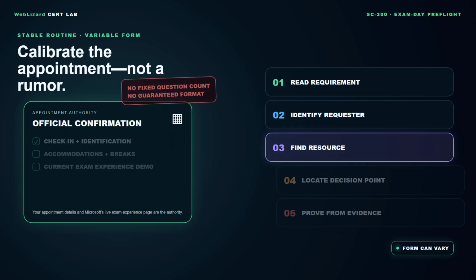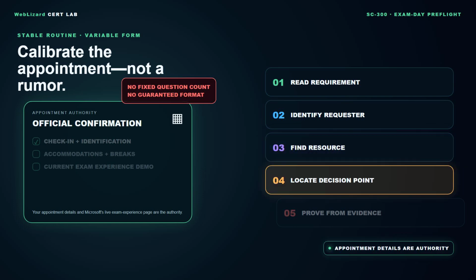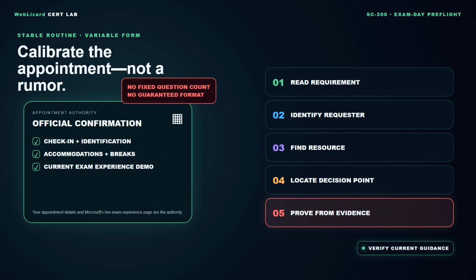Microsoft says question counts can vary, distinguishes exam time from seat time, and warns that interactive components may appear. Your appointment details and Microsoft's current exam experience page are the authority. Use the official experience demo and confirm the current check-in, identification, accommodation, and break guidance for your appointment. The form can vary. Your reasoning routine should not.